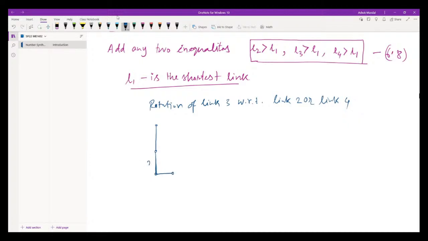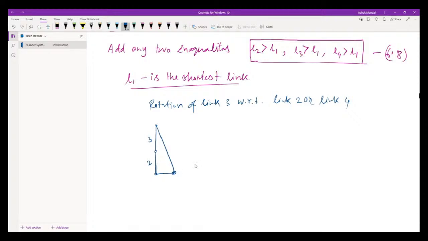So if this is link 2, this is link 3, then there must be a configuration like this. Okay, because 3 is making complete rotation with respect to 2. So at one time they will be on the same line.